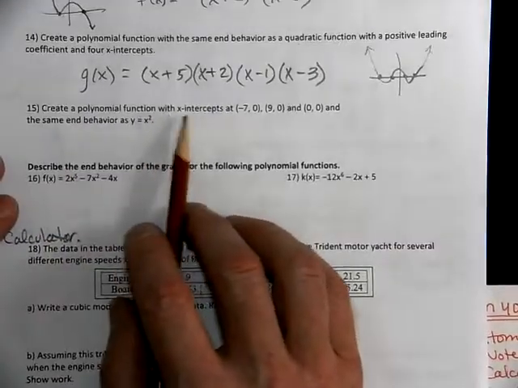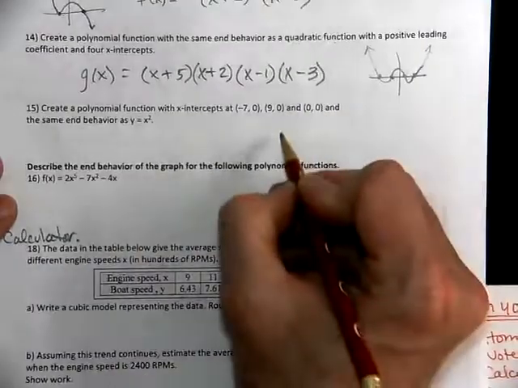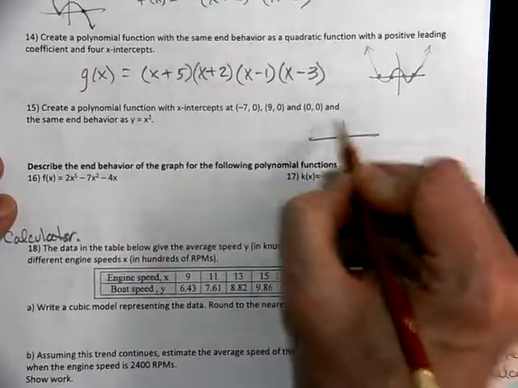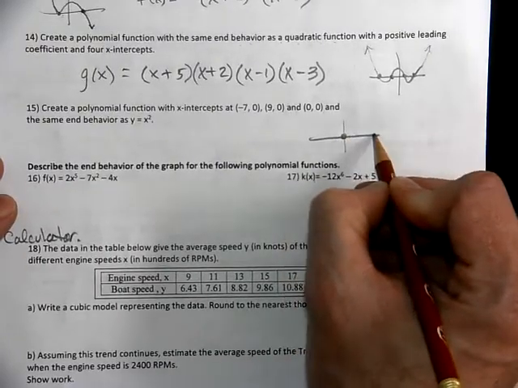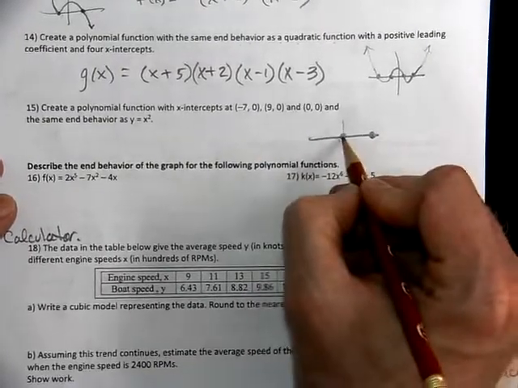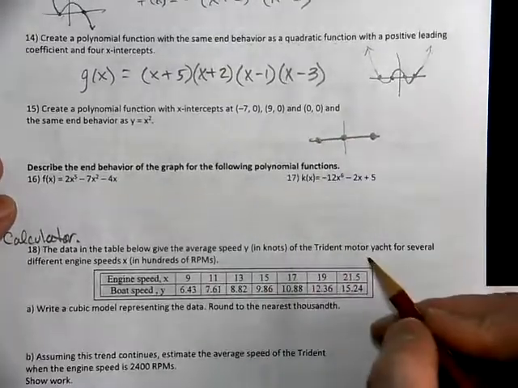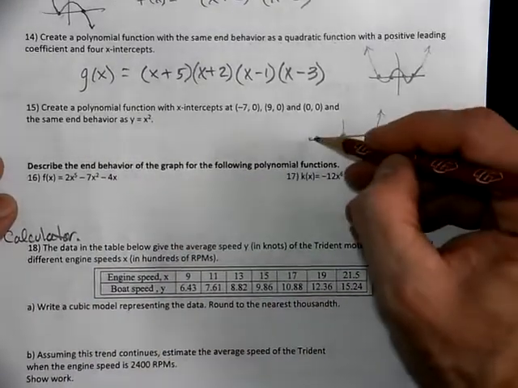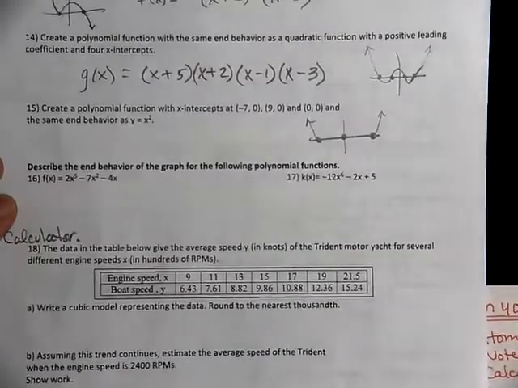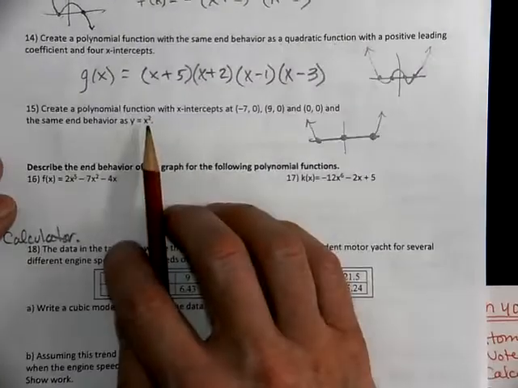Create a polynomial where these are your intercepts. We have 0, 0, we have 9, 0, and we have negative 7, 0. It's got to have the same end behavior as x squared.